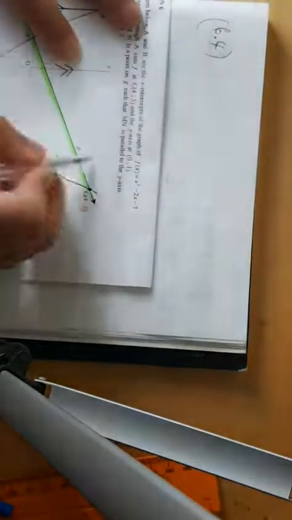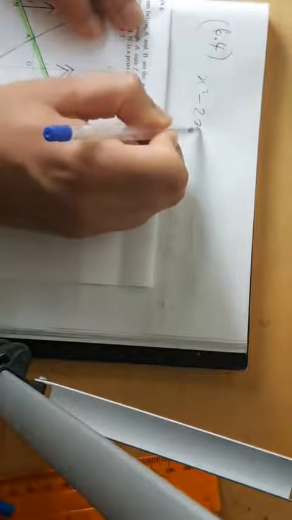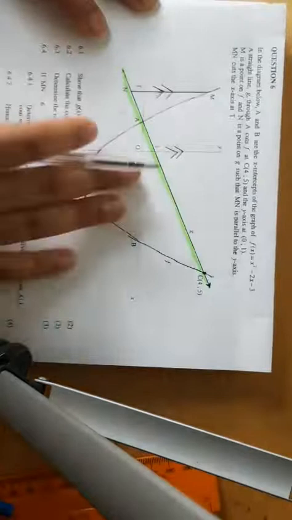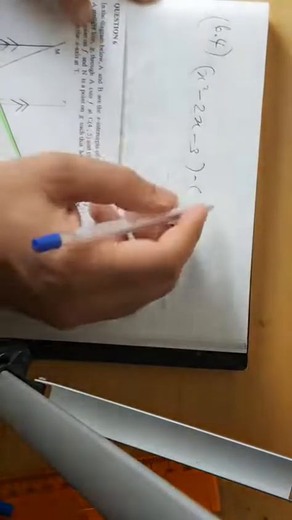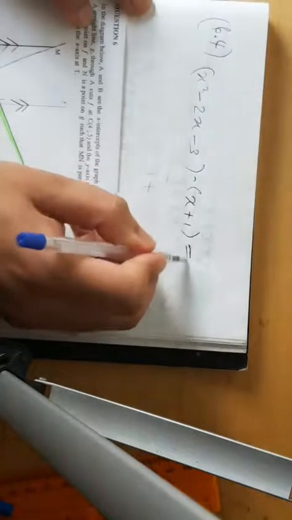What is Mn? The equation of the parabola is x squared minus 2x minus 3, and we're subtracting the straight line from that. So it's going to be minus x plus 1, and that is equal to 6.